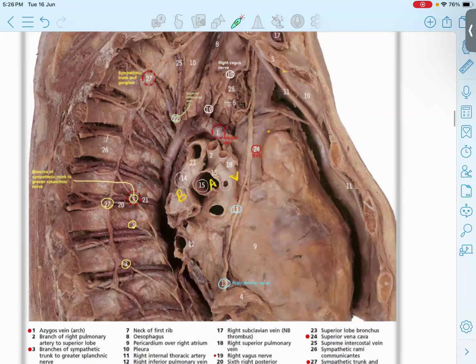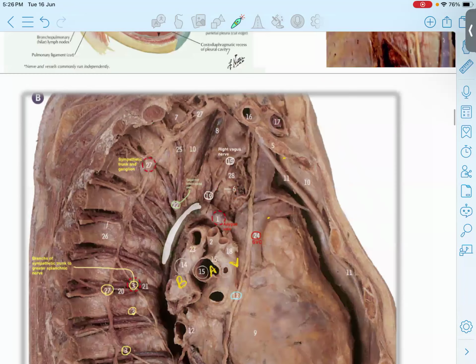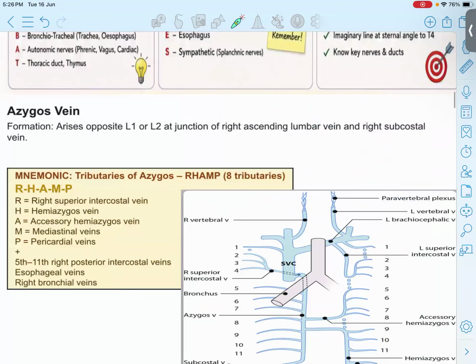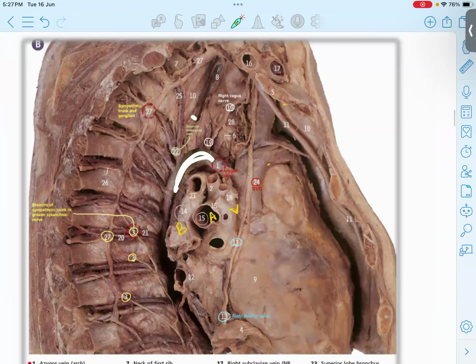Then come to, we have already covered most important structures. Then come to here, superior intercostal vein. We have already read here the branch, right superior intercostal vein, branch from azygos. So here, azygos, superior intercostal vein. Okay.